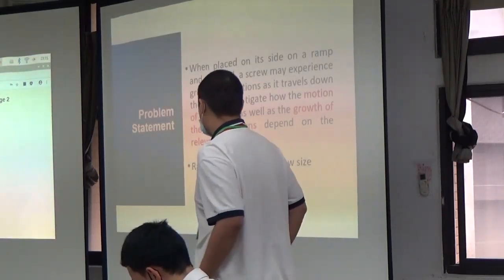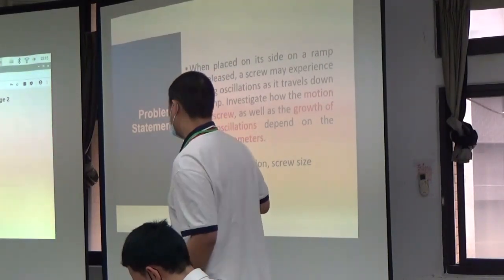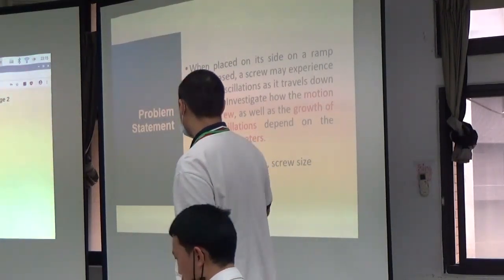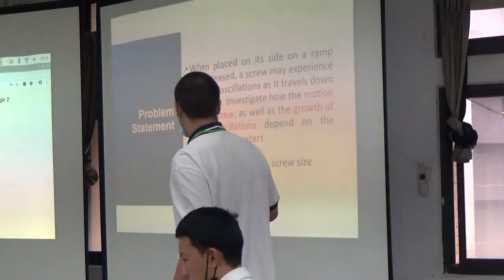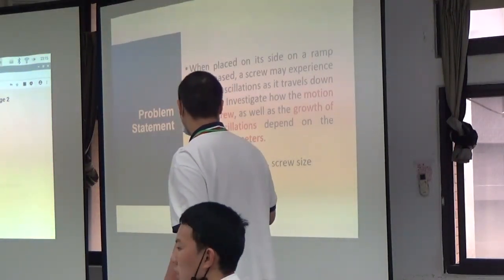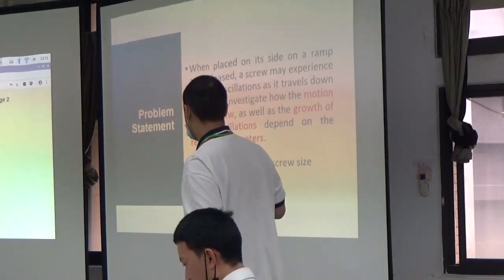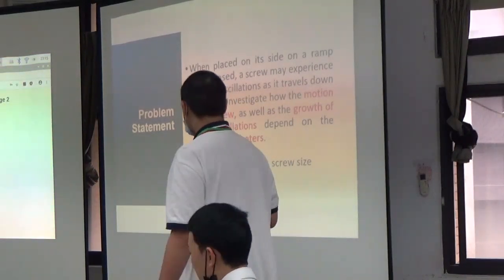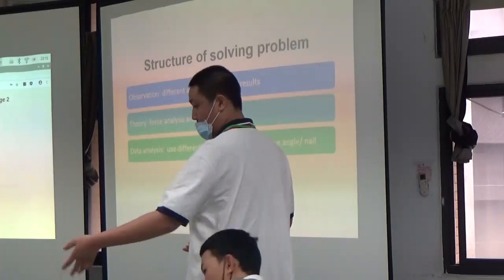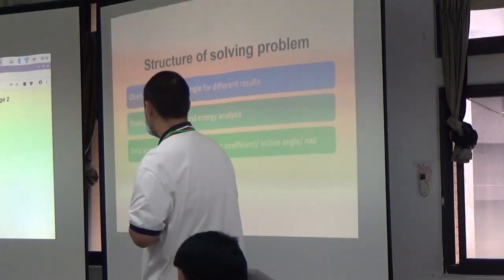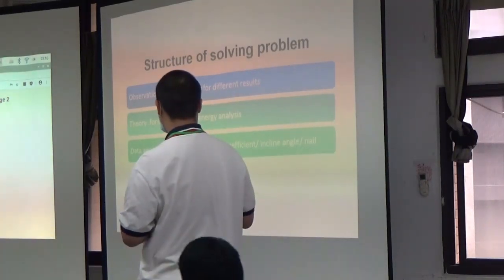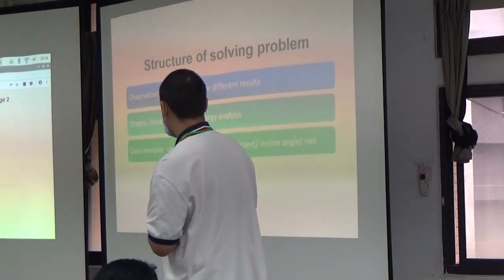The main focus of this problem is how the ramp will influence the oscillation and the growth of the oscillation of the screw, and the ramp parameters. In the reporter's presentation, they first observed different angles for different results.